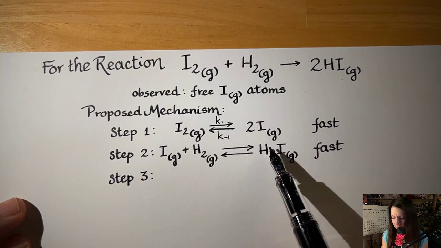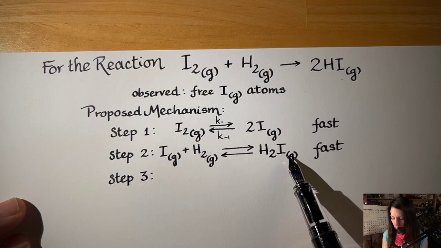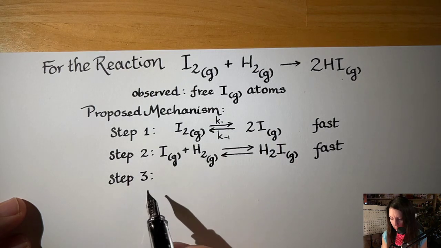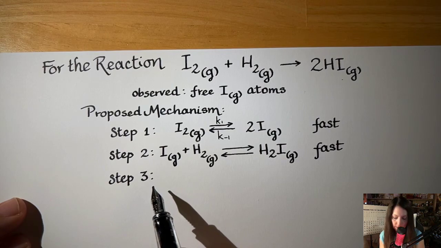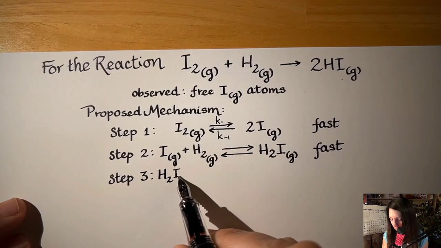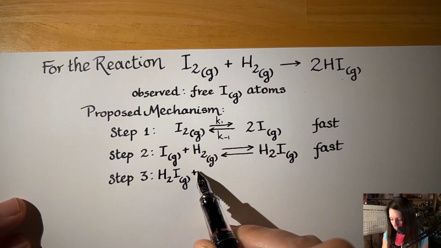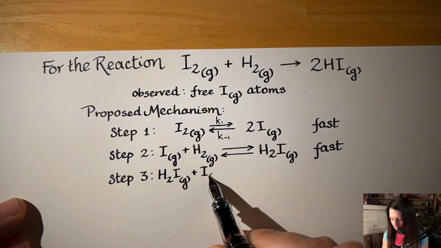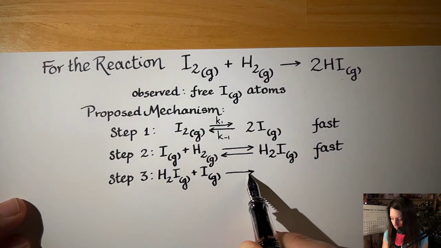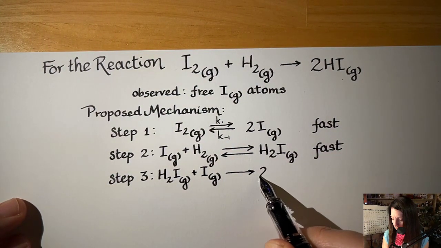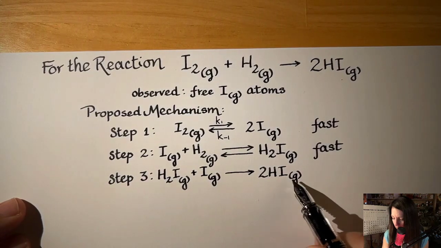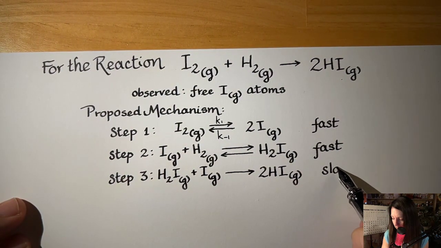Okay, so this is a pretty unstable molecule, and so the scientists who proposed this particular reaction mechanism then proposed in step 3 that this H2I, it's pretty reactive, can collide with one of those free iodine atoms and directly form, notice how this is not a fast equilibrium, 2 HI, hydrogen iodide molecules. This reaction occurs relatively slow.